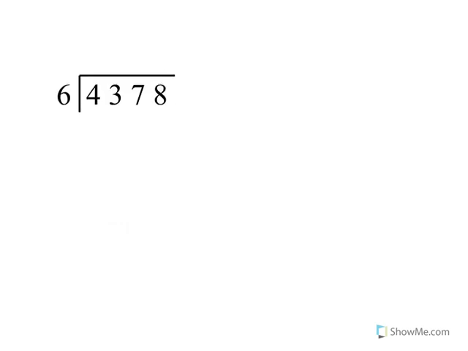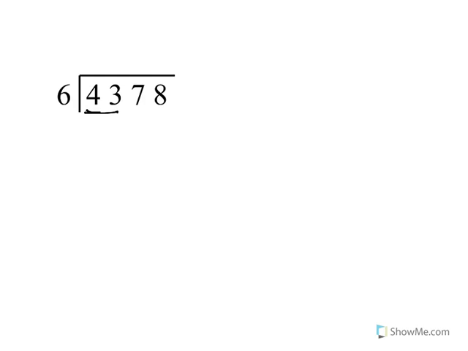Let's look at the next problem. Here we have 4,378 divided by 6. Now here we can't divide 4 by 6. It's not big enough. So we've got to think about 43. When we think about 43, we ask ourselves, how many groups of 6 can we get out of 43?